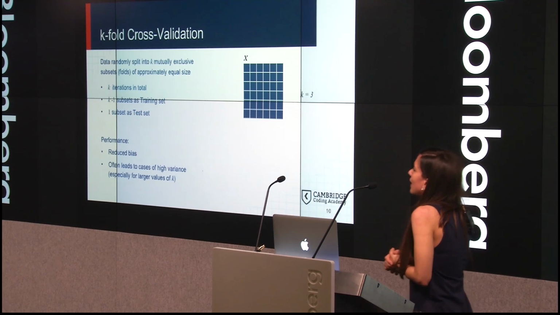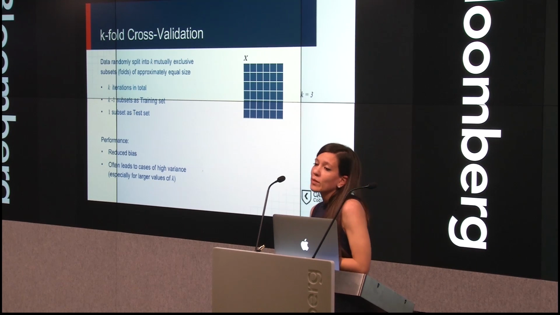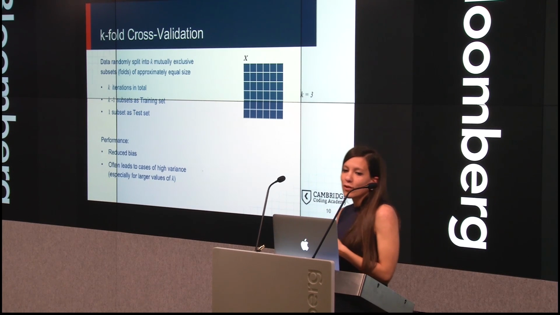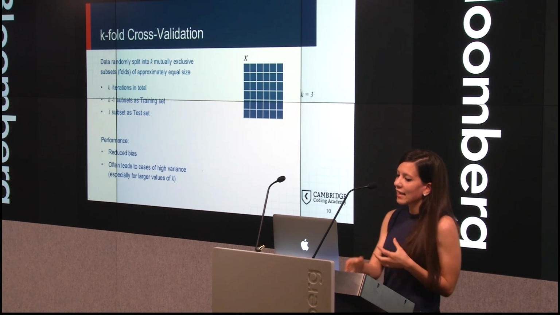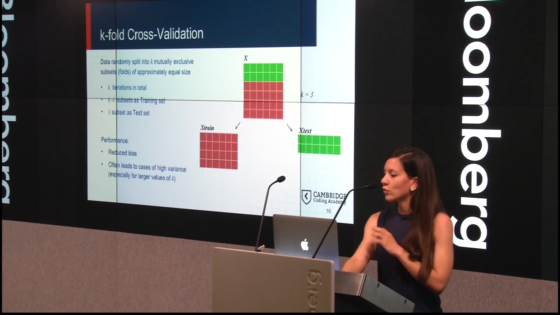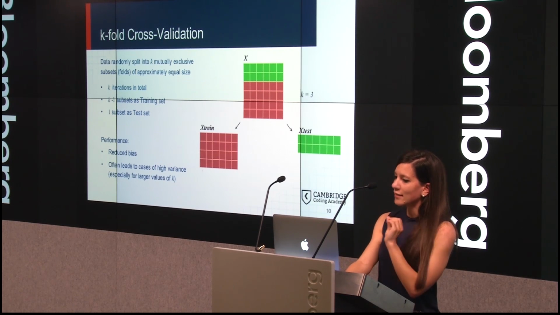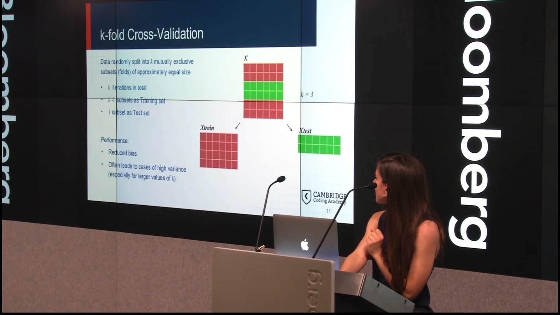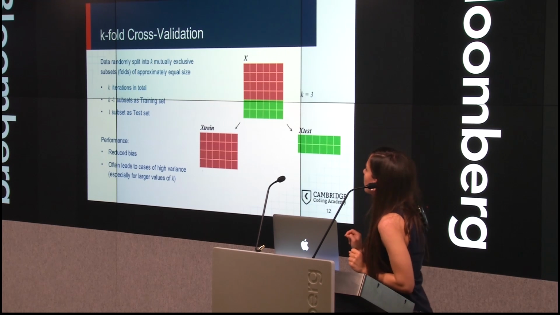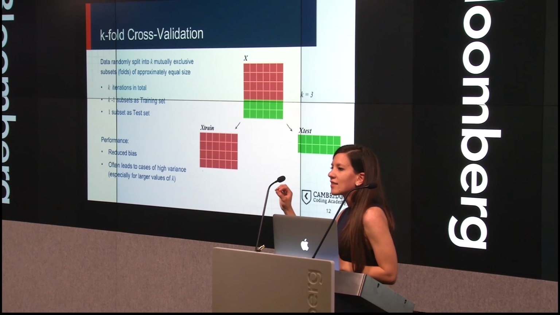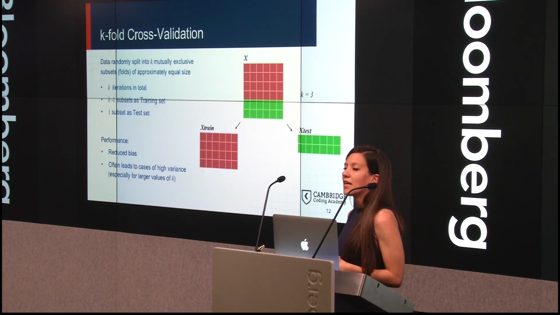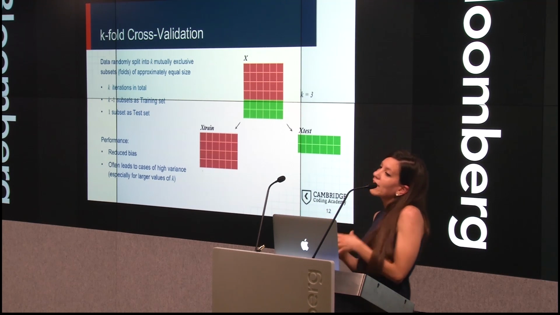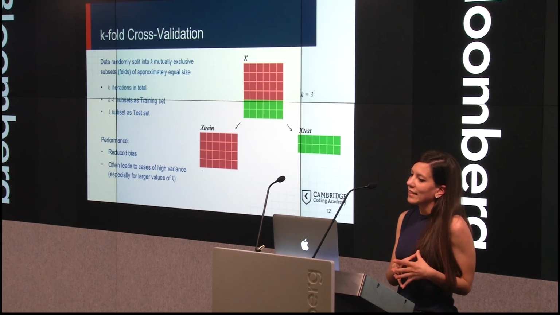Another very popular technique in this case that I think most of you should be familiar with is k-fold cross-validation. And in this case, we split our data into k different subsets. So for instance, if I were to consider 3 different cases, each time I would set a subset aside and it would act as my test data set, and the remaining subsets will be my training data set.